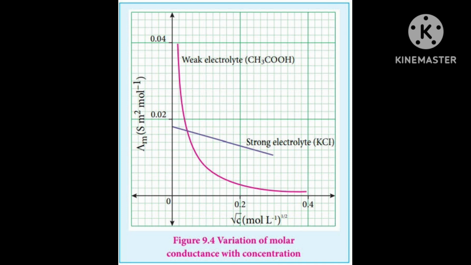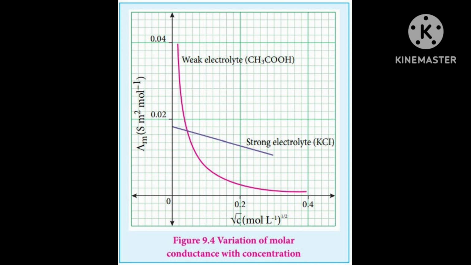Now both cell constant and R are known, so kappa, the conductivity, is cell constant divided by R.